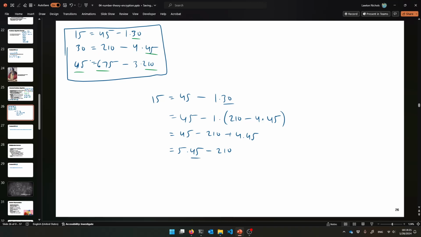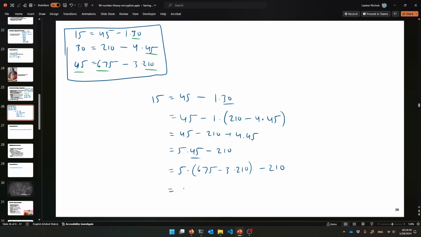And now I know that 45 is also equal to this, right? 45 is equal to 675 minus 3 times 210, so that's 5 times that. And then I still have the minus 210. Okay, we're almost there.